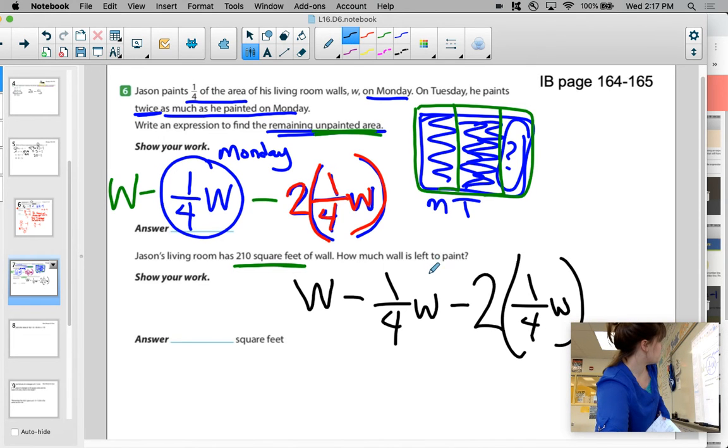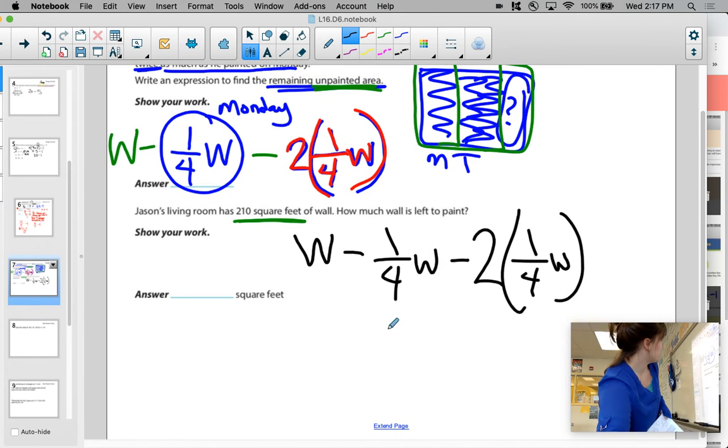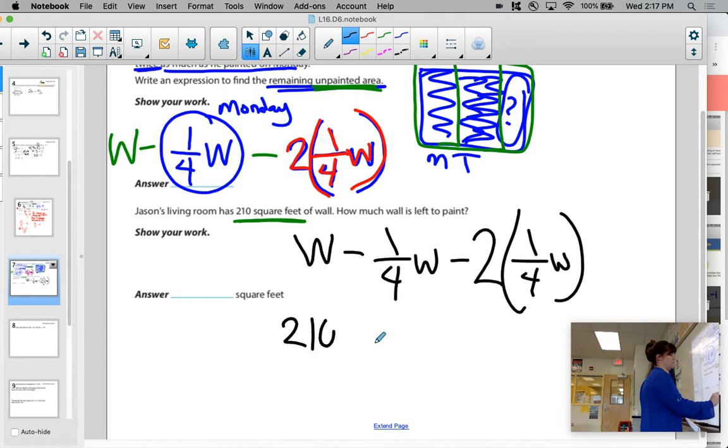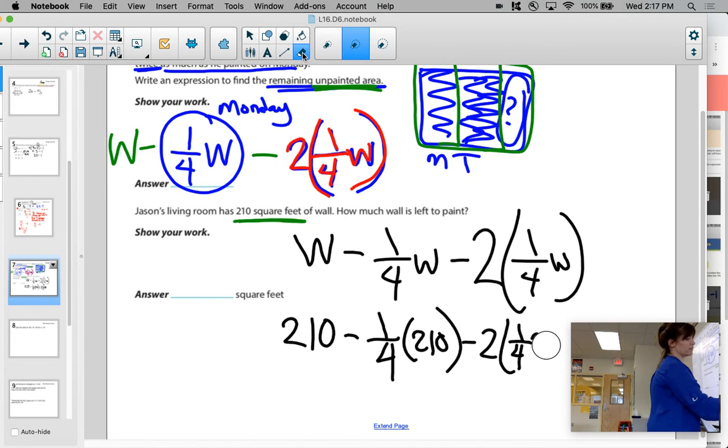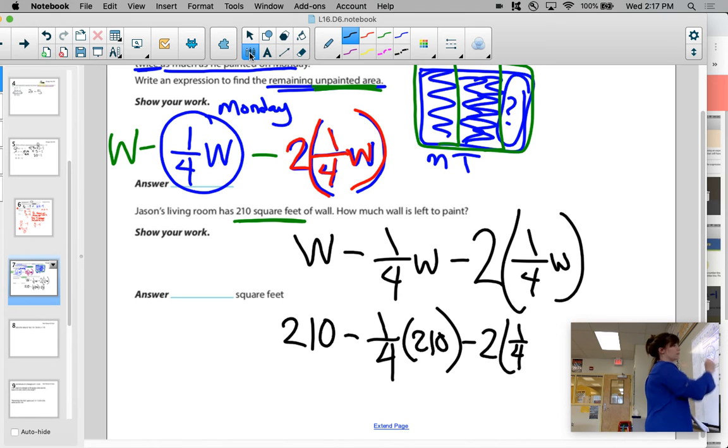So we're going to put in 210 to this expression times 210, and then minus, I'm going to run out of room again, 1/4 times 210. Fix that. Times 210. Okay, I fit it.